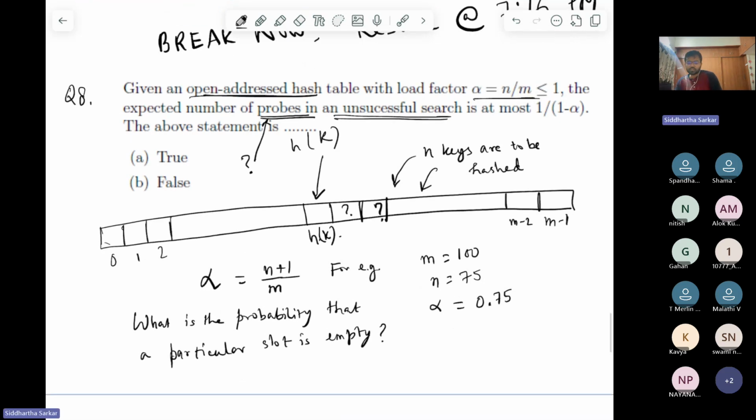So 25% of slots are empty. So the probability is 0.25. So the probability is 1 minus alpha.